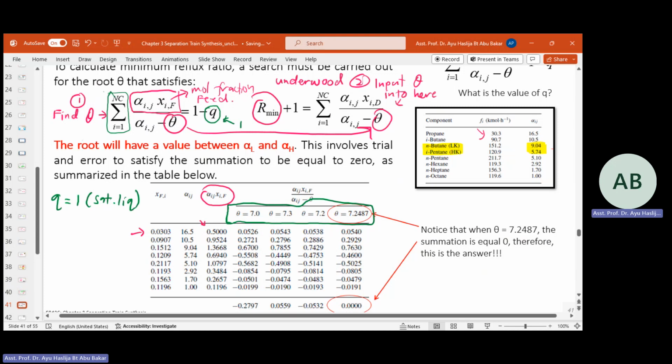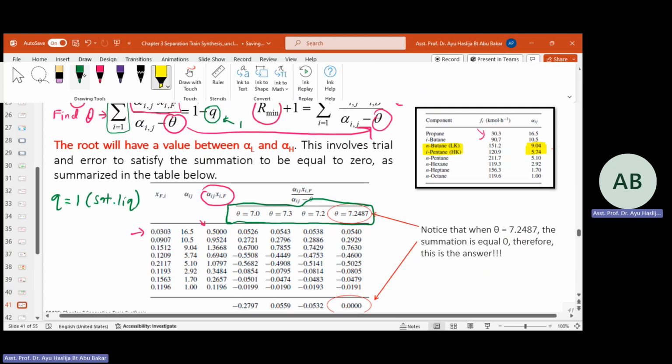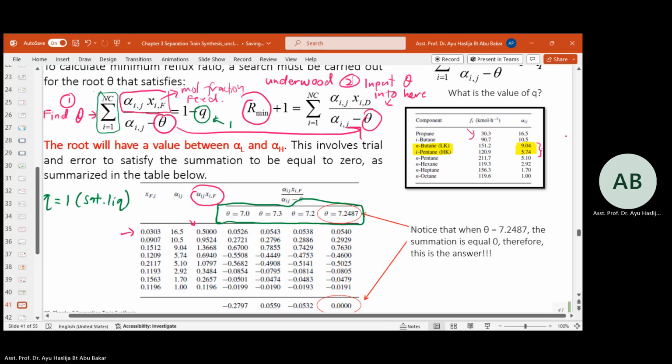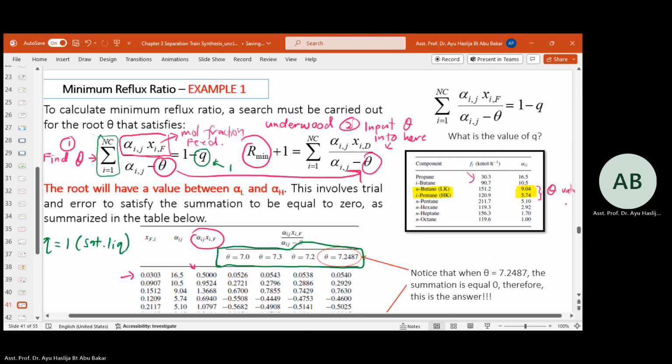Relative volatility values are 9.04 and 5.74. So your theta must be in between those values. You can select the theta value between these two values.